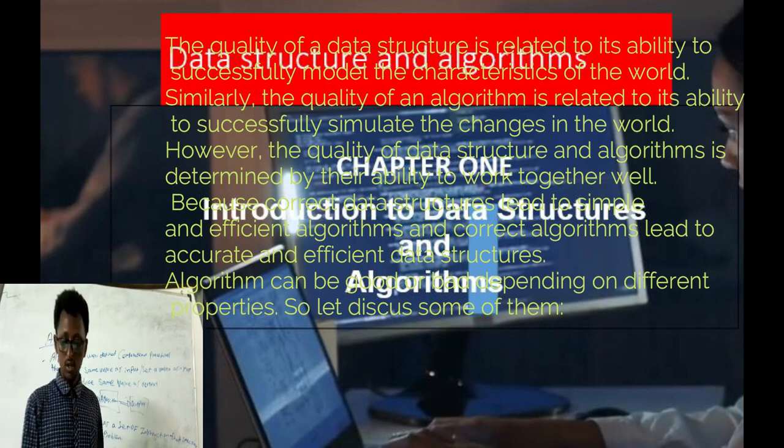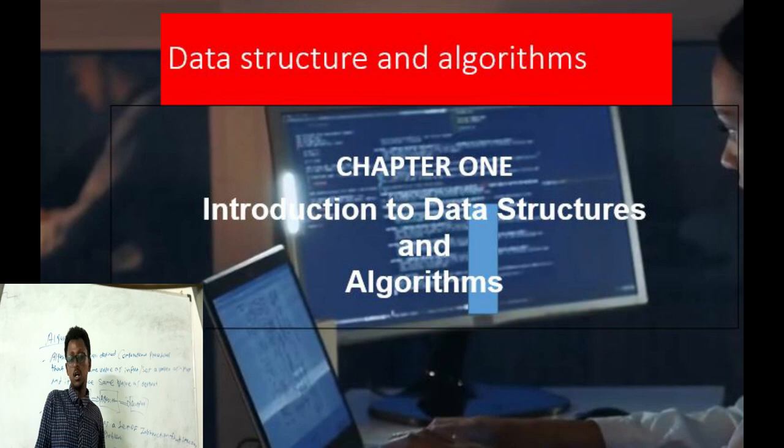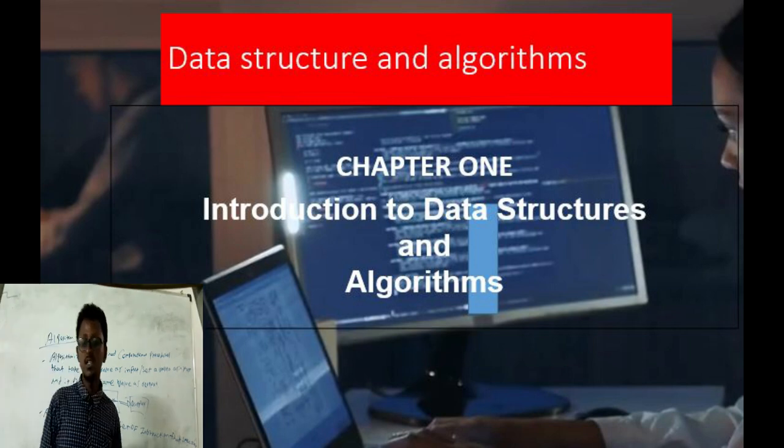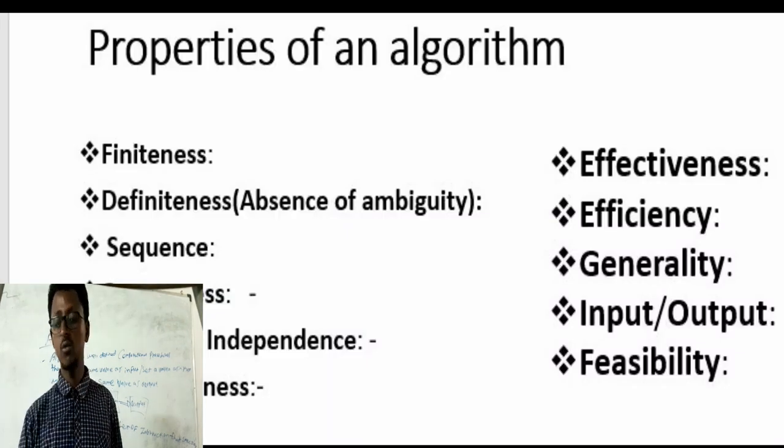Good. Algorithms may be good or bad. To say an algorithm is good or bad depends on different properties. Let us discuss each one by one. The first one, the fitness of the algorithm. The second one is the definiteness of the algorithm, or absence of ambiguity.